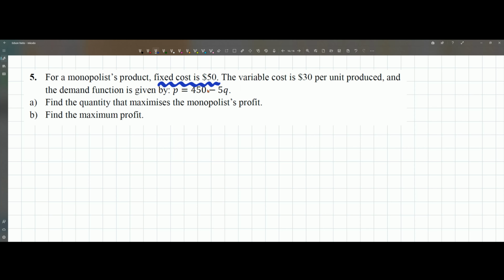Maybe it's an electricity bill, or the material that you have to pay for first in order to make a product. That means anything that you put your money into in order to produce something, then you sell it after, right? Now, the variable cost is $30 per unit produced. That means that for every 1 unit of your product, you have to pay $30 first, right?